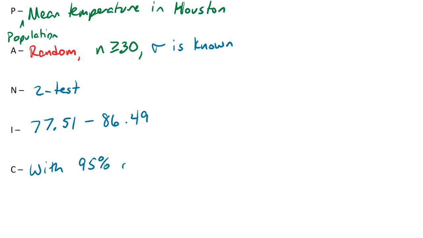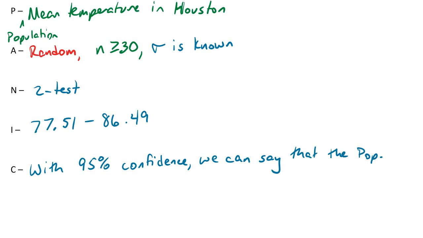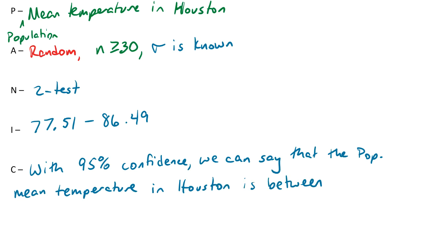So with 95% confidence, we can say that our parameter, so the population mean temperature in Houston is between, and then we put our interval, 77.51 and 86.49. And we're done with that problem.